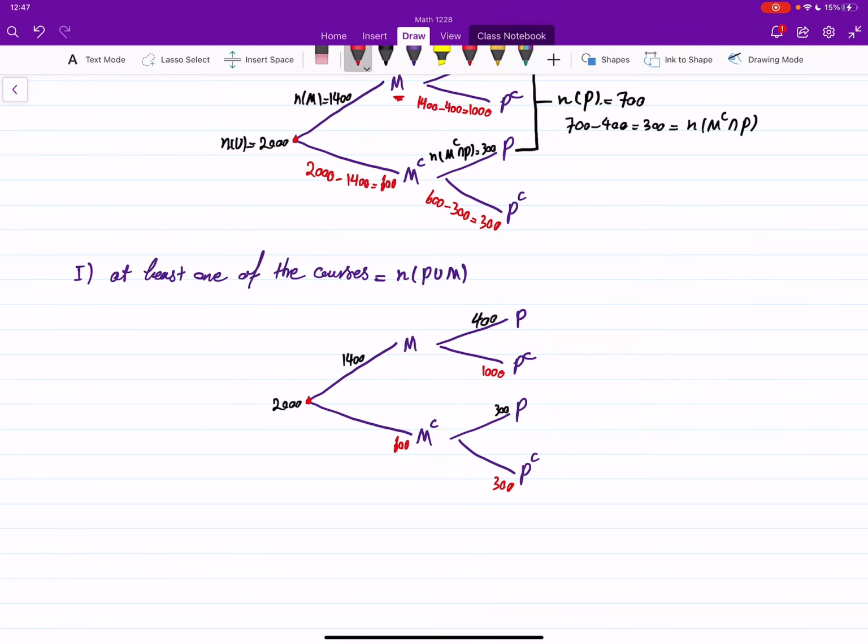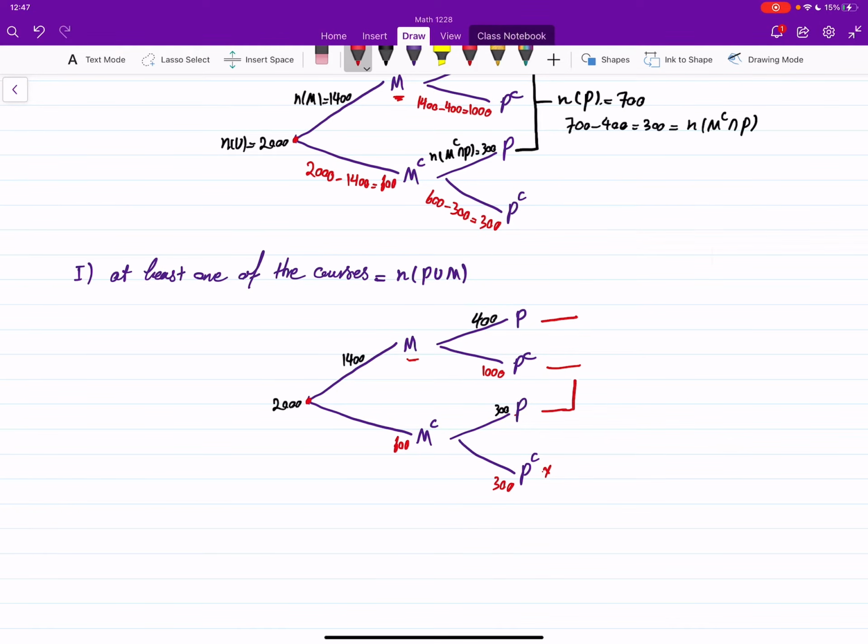In this case, you see this one includes P. This one, the path from the endpoint to the root, that's what I mean by the path, includes M, so it will be included. This one includes P, although it is M complement. The last one is the only one which we don't need to include.